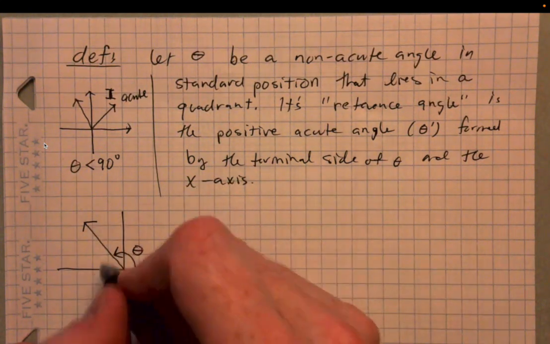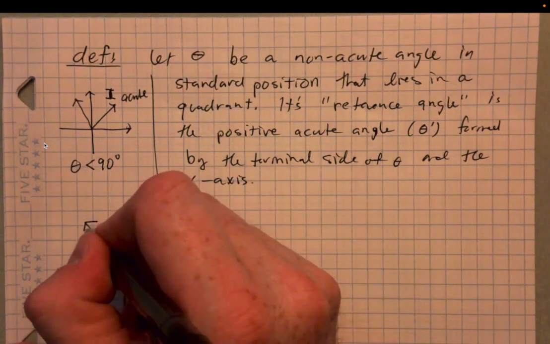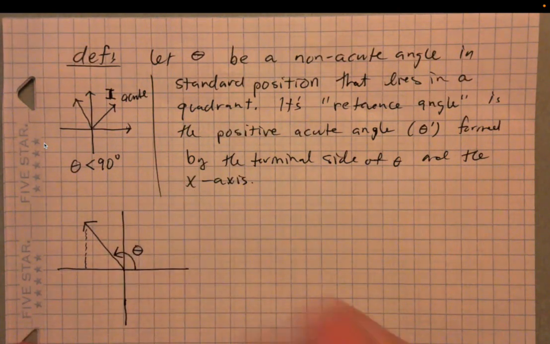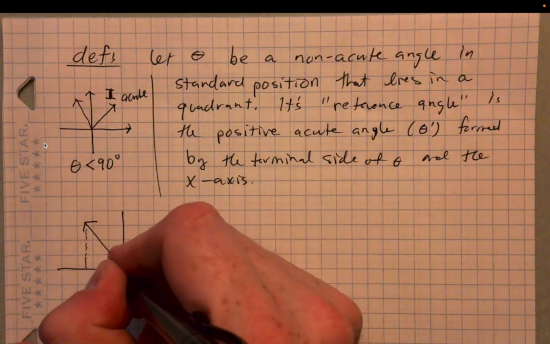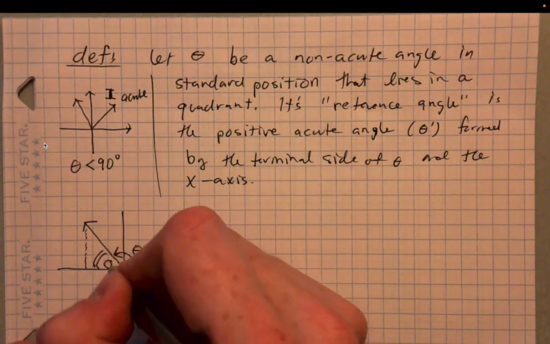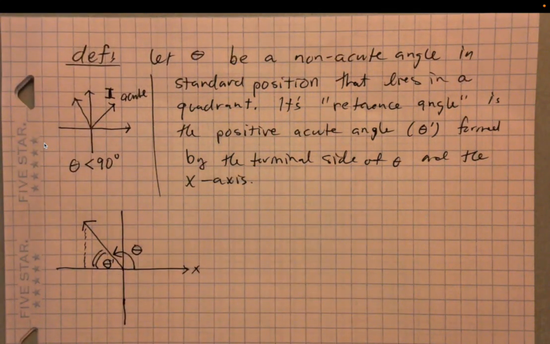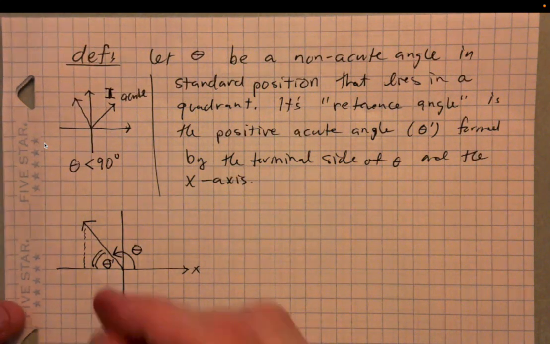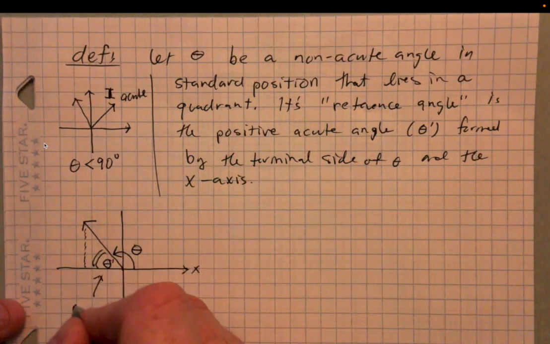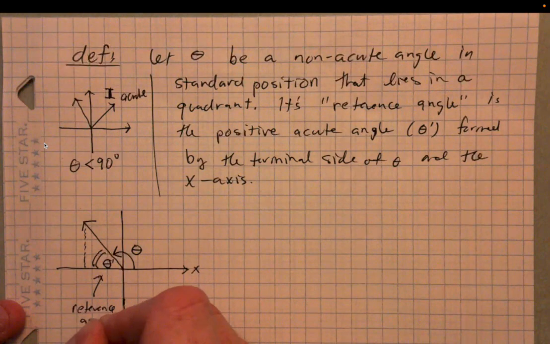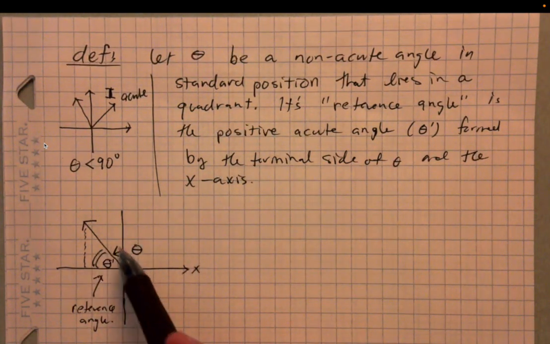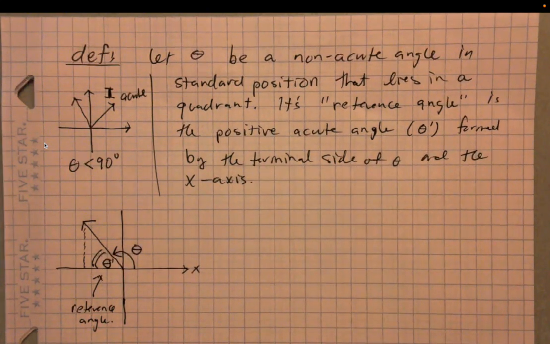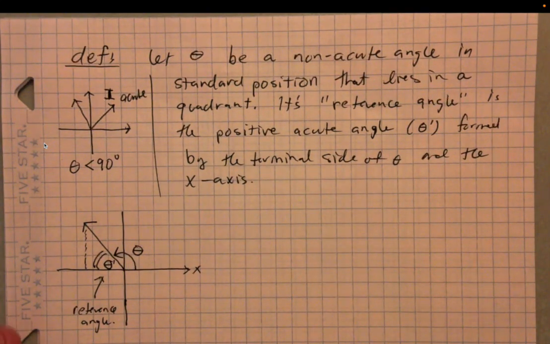You can think of it as dropping a perpendicular onto the x-axis, and the angle formed inside that triangle is the reference angle. It's a positive angle, and it's less than 90 degrees. That's one example.